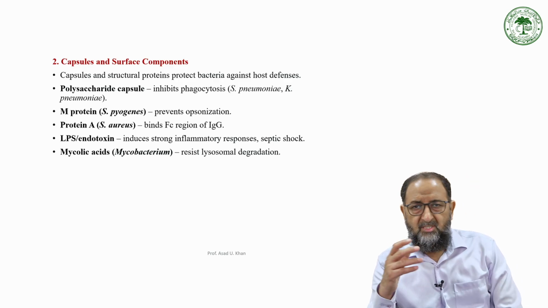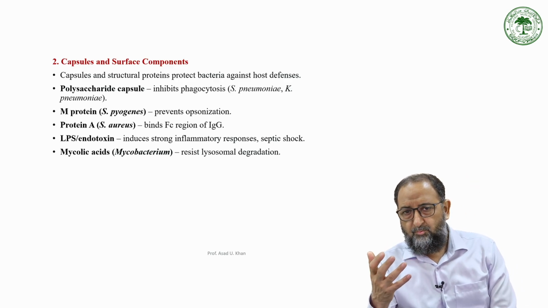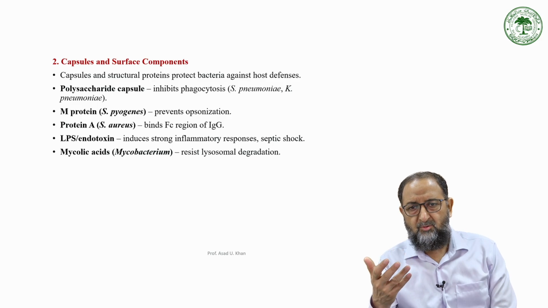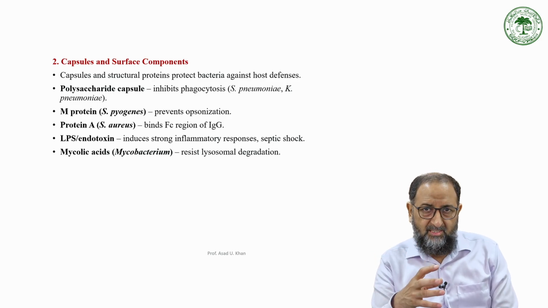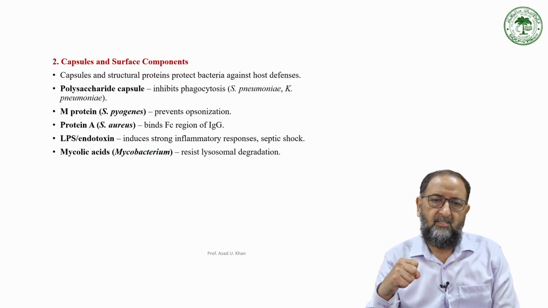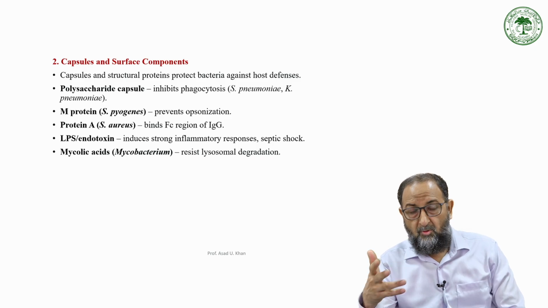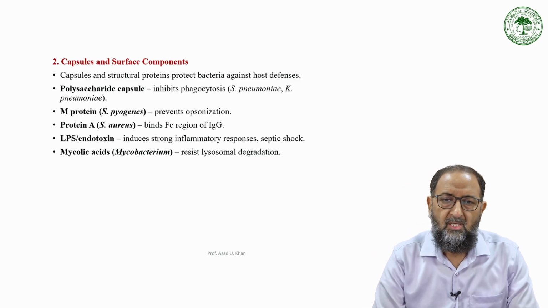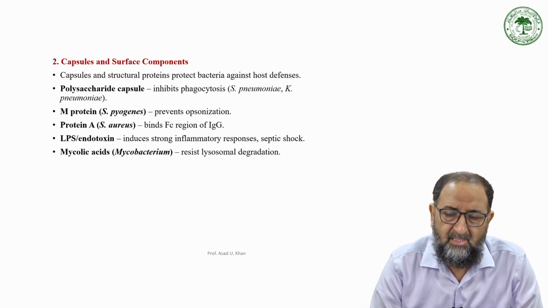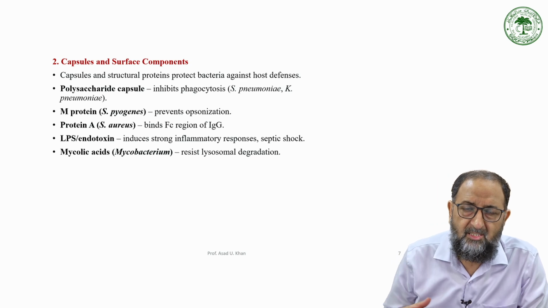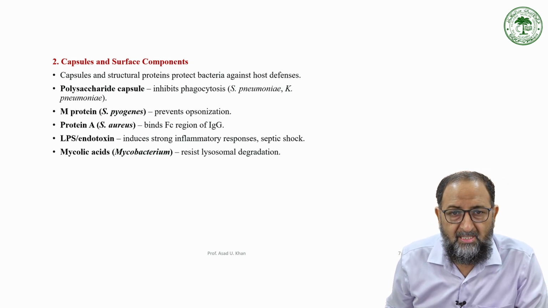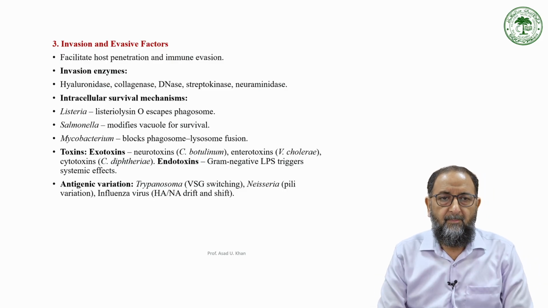Because in the host system there are lysosomes which produce enzymes that degrade these bacteria. Sometimes they engulf these bacteria and dissolve them in vacuoles, and sometimes they release enzymes and degrade the bacteria. So mycolic acid protects Mycobacterium tuberculosis and Mycobacterium leprae from these lysosomes.